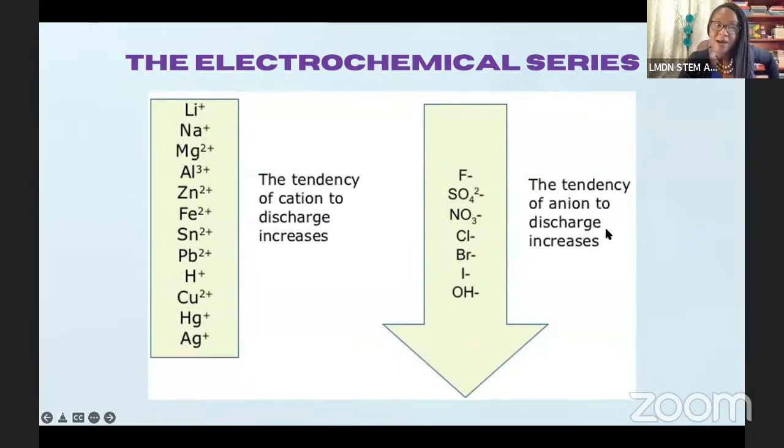But if we have a mix-up, where we have hydroxide ions and chloride ions, for example, from a cation standpoint, we have lithium and H+, you have to know which one is going to get preferentially discharged at the cathode or at the anode, right?